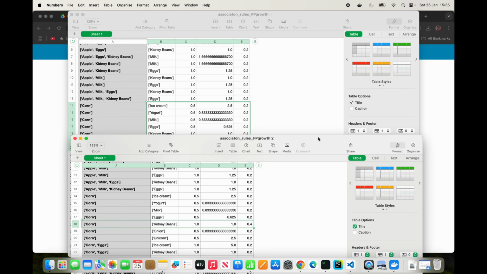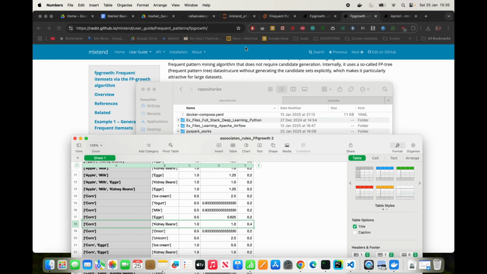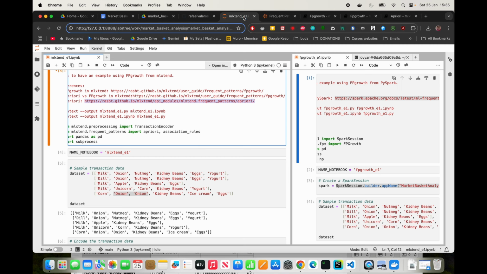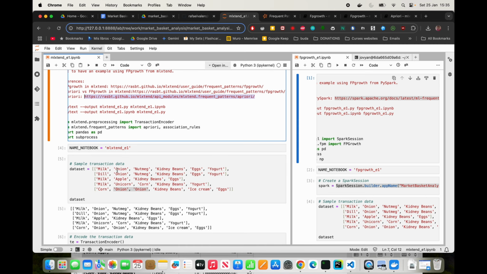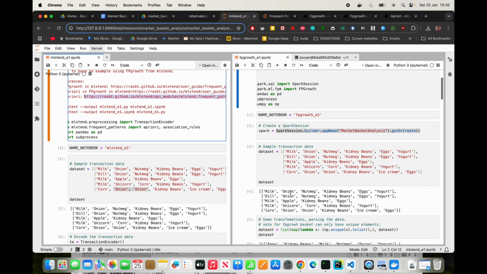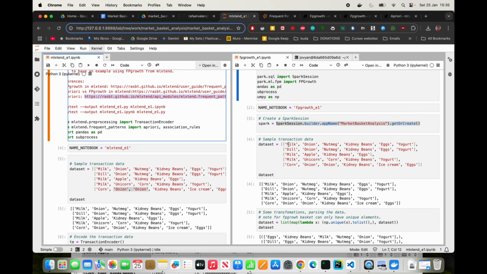We can go and see that in the real data, a really small little sample that we have. You have here your corn. Corn appears in two baskets, right? We could select kidney beans, which appear everywhere.